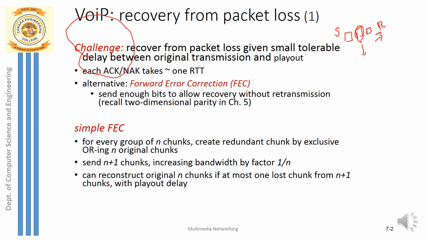The loss should not be noticed at the receiver end. The received audio should be almost similar to the original transmission, where the lost packet should not be easily determined at the receiver side.